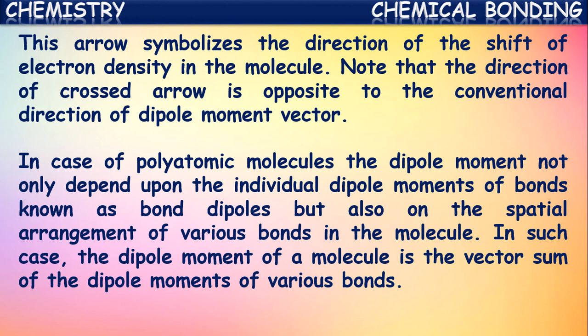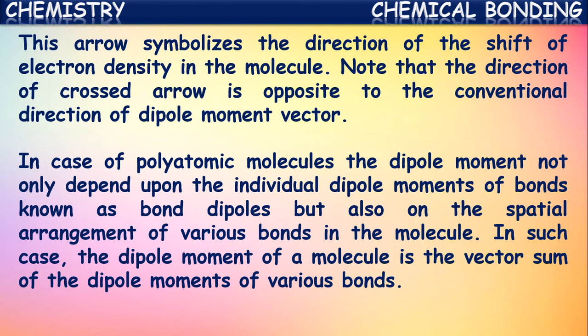So the net dipole moment of the molecule depends upon both the individual dipole moments of the bonds as well as the spatial arrangement of the various bonds in the molecule. On these two, the dipole moment of a polyatomic molecule depends.